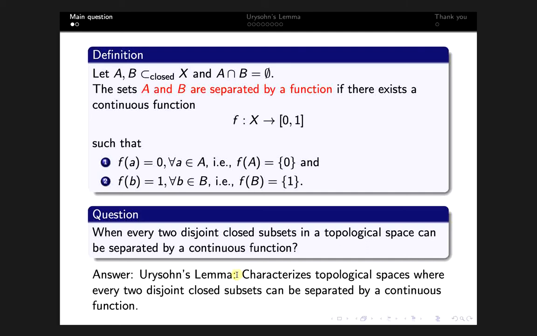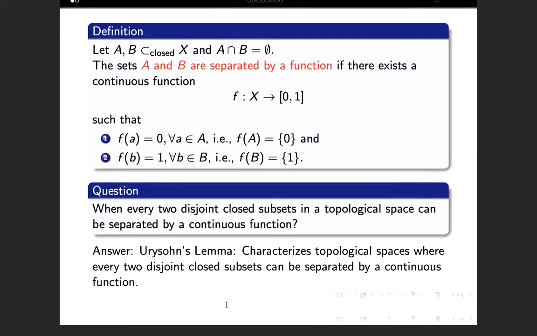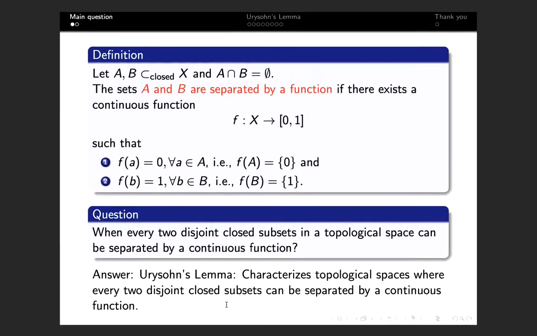Urysohn's lemma answers this question with a characterization: it characterizes topological spaces where every two disjoint closed subsets can be separated by a continuous function.